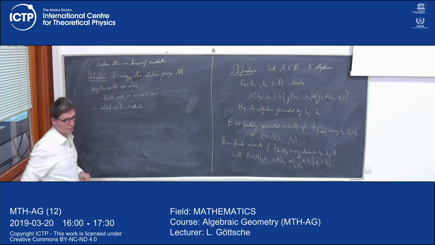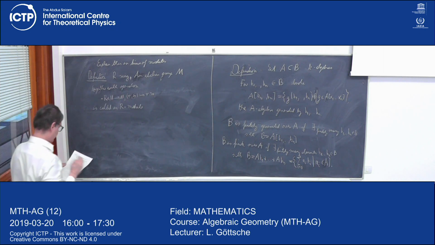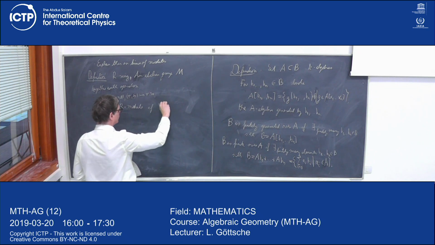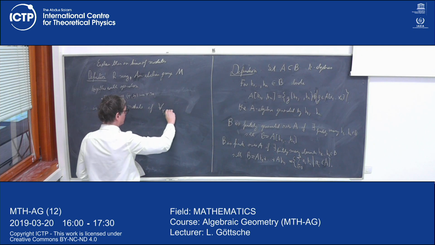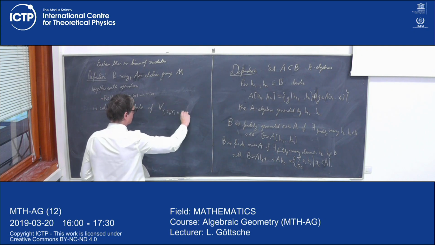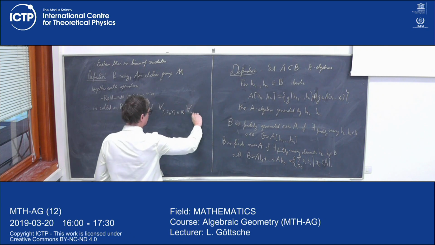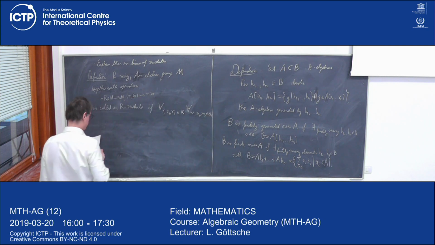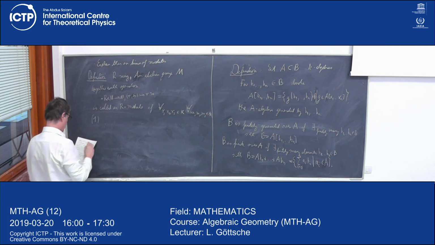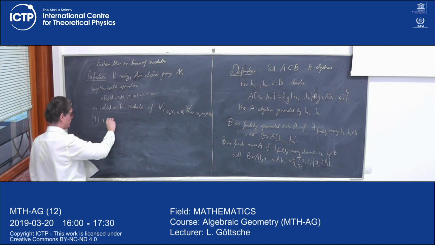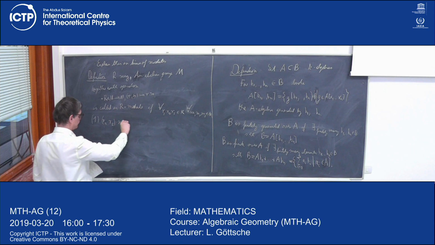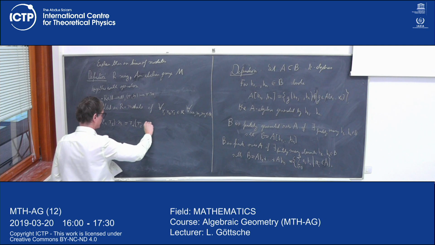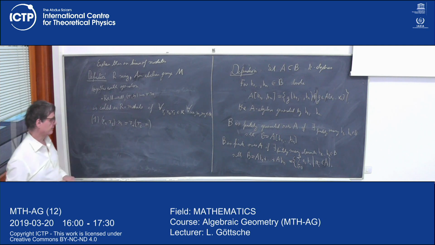Remember that for us a ring is always commutative with 1. So if we have the following axioms, for all r, r1, r2 in R and for all m, m1, m2 in M, we have the following. First, associativity of the operation.